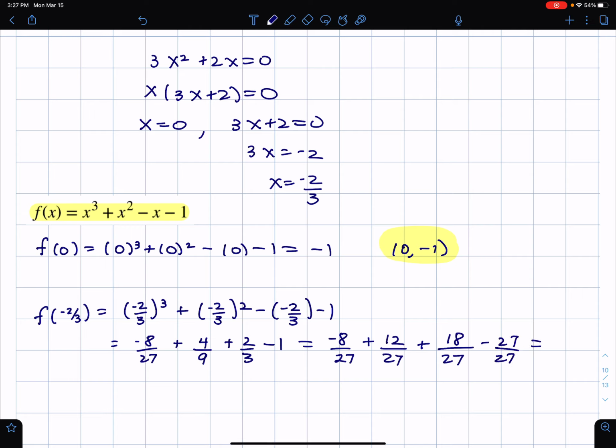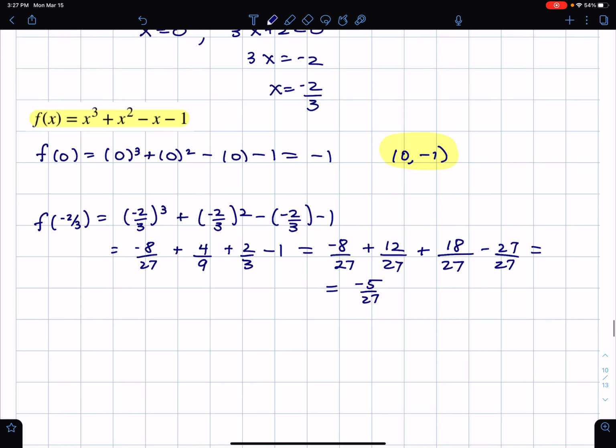Maybe it's just me, but I think I've heard people say they don't like working with fractions. Okay. Negative 8 plus 12 is 4, plus 18 is 22, minus 27. Seems like it could be this. I just double checked in my head, so negative 2/3, negative 5 over 27.